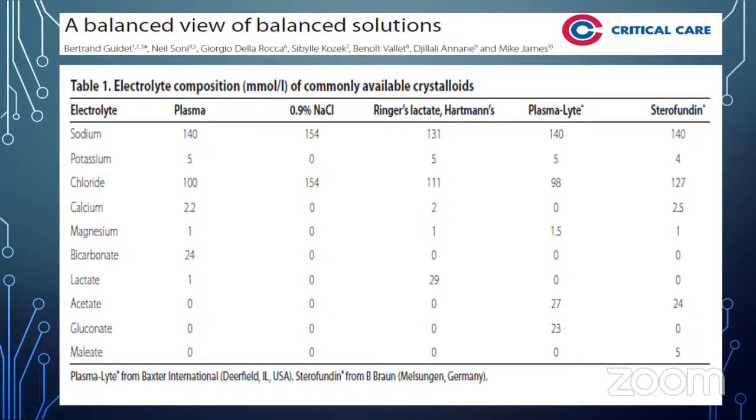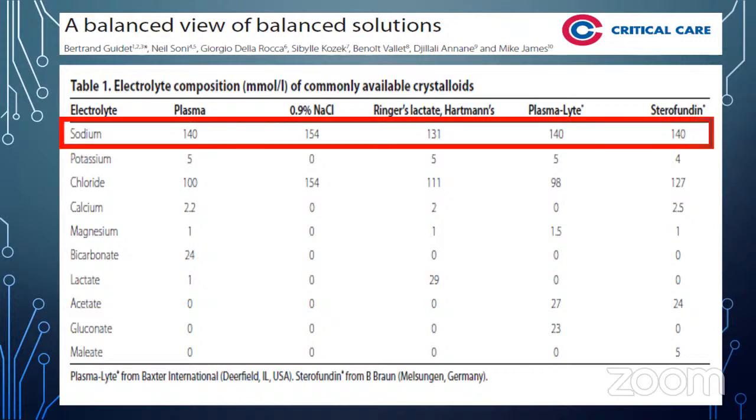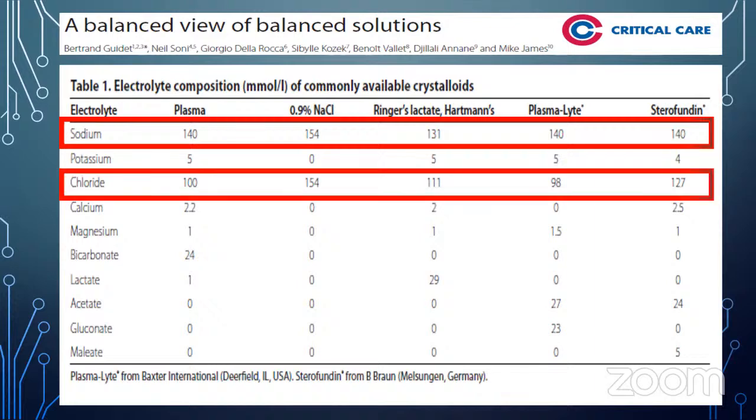These are the electrolyte compositions of the commonly available crystalloids. I have compared saline, Ringer lactate, Plasmalyte, and Sterofundin along with normal plasma. If you look at the composition, the sodium of all the fluids is close to around 140, except normal saline, where the sodium is extremely high, around 154. The chloride content of normal saline is also a little bit high.